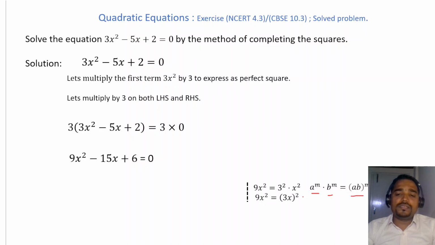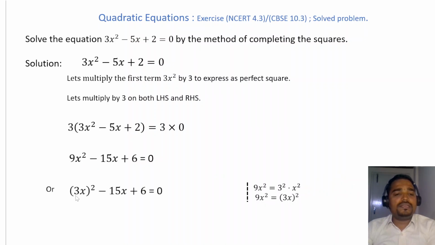This is a theory of indices formula wherein there is the same power or exponent for 2 different bases, then the bases could be clubbed within a common bracket and the power could be raised to both the bases. That is what it is. So now 9x square could be expressed as 3x whole square minus 15x plus 6 is equal to 0.